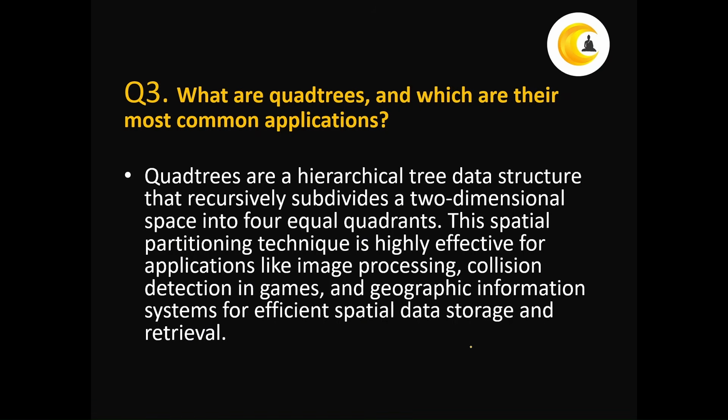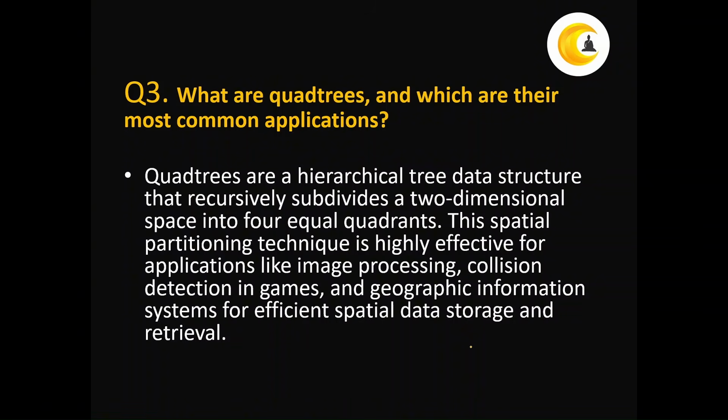All right. Moving to the next one: what are quad trees and what are their most common applications? Quad trees are basically a hierarchical tree data structure that recursively subdivides 2D space into four equal quadrants, just like a graph with negative y and negative x axis.